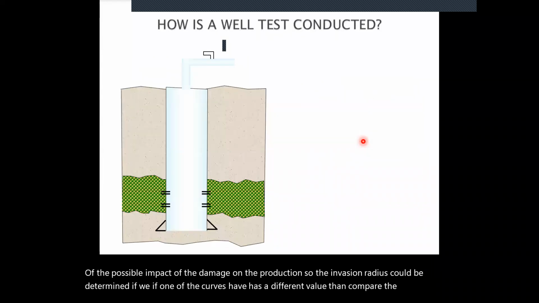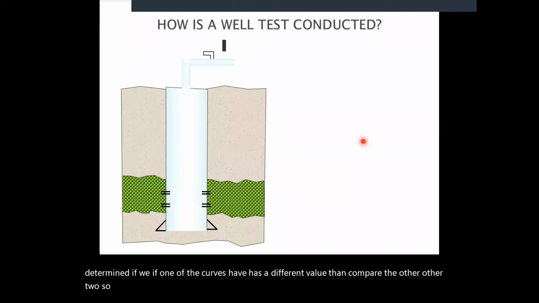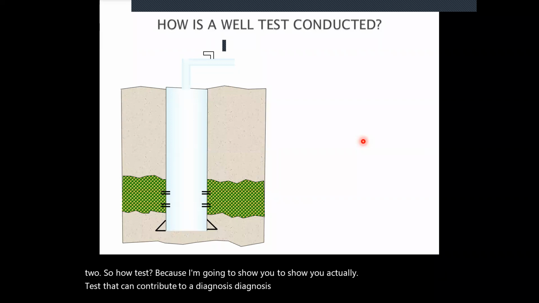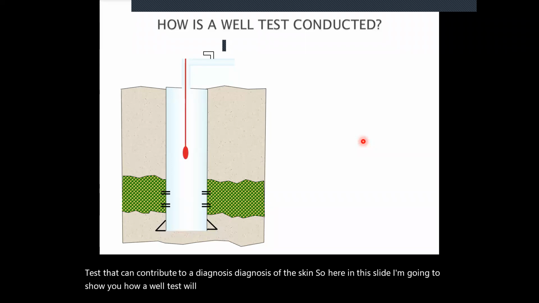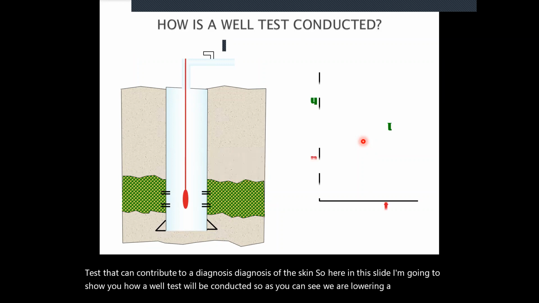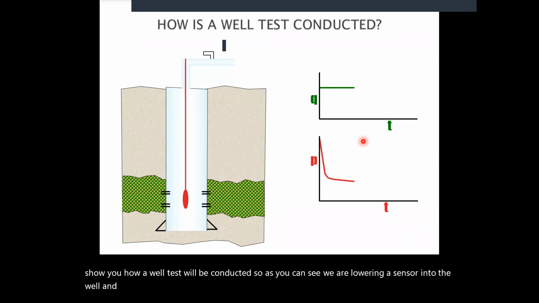So how about a well test? I'm going to show you how a well test can contribute to a diagnosis of the skin. In this slide, I'm going to show you how a well test is conducted. As you can see, we are lowering a sensor into the well, and then we need to measure the Q and also the pressure.